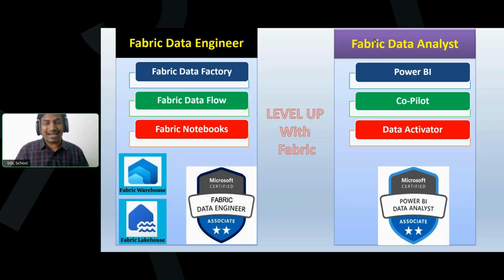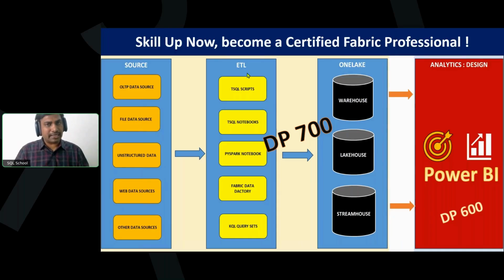If you are looking for analytics, it is an additional 6 weeks separately, and I would be the trainer for that course as well. So we are into backend ETL plus OneLake. The middle 2 boxes on the screen are our Fabric engineering from tomorrow.